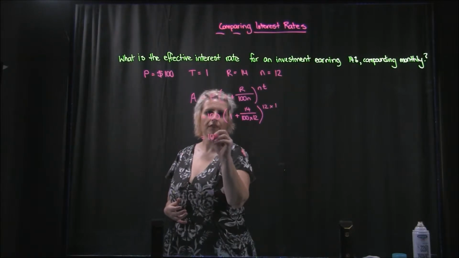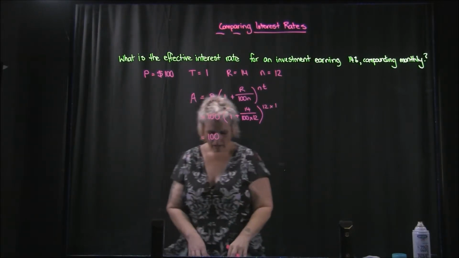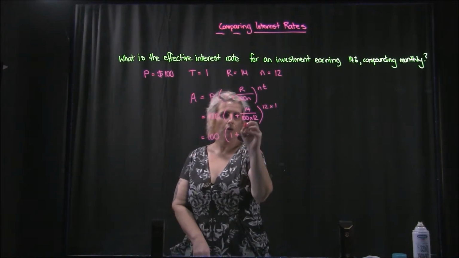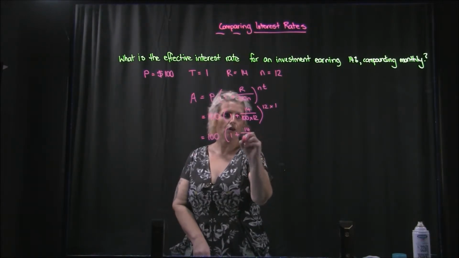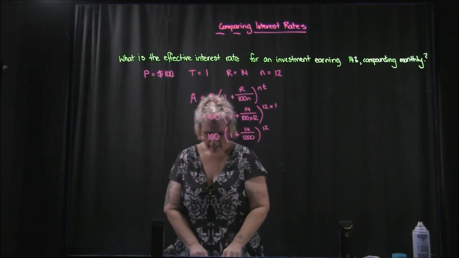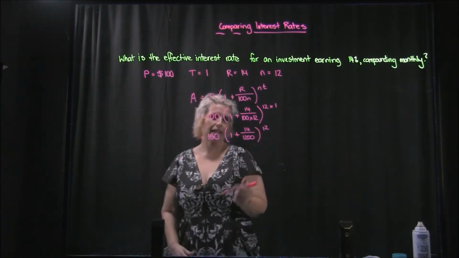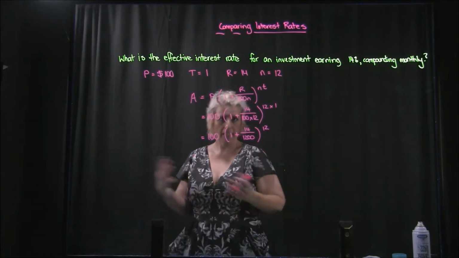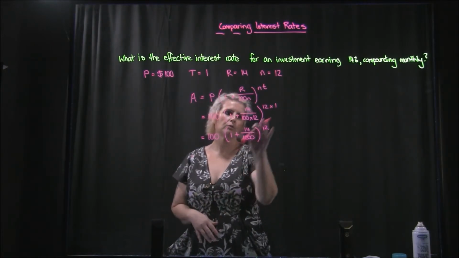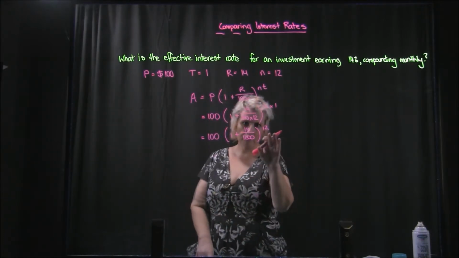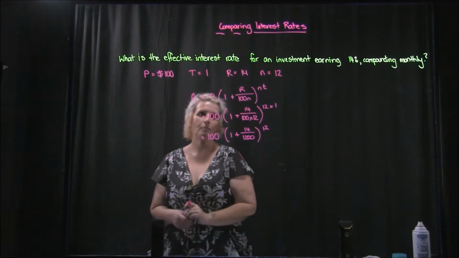So we can simplify that down to 1 plus 14 over 1200, to the power of 12. I'm going to put that into my calculator: 14 divided by 1200 plus 1 equals, and then put that answer to the power of 12. Once I do that, I can then multiply by 100.